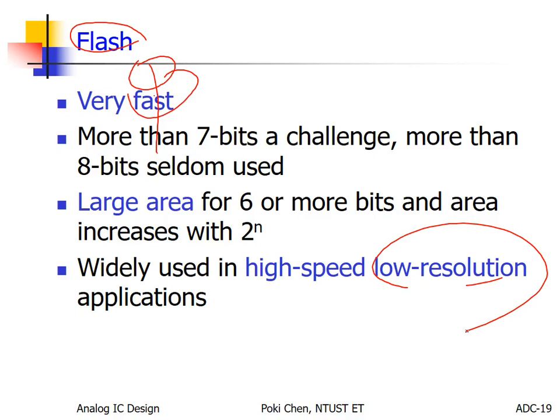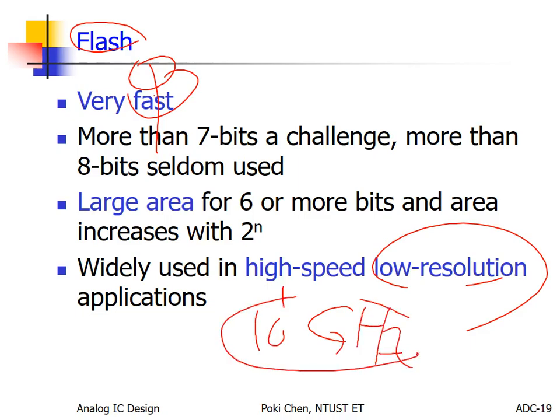I think humankind will push flash converters in recent years to 100 gigahertz. But how about the resolution? For a single ADC, I promise you, maybe only 3 or 4 bits, maybe less than 4.